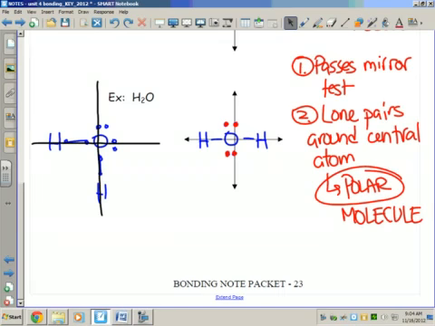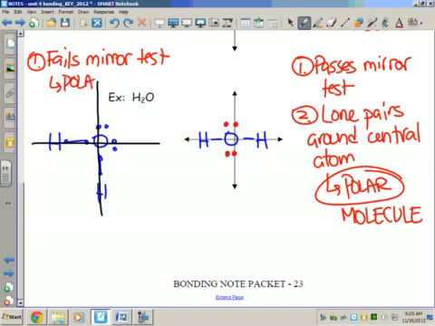And so there are two different ways to draw a water molecule. One way would fail the mirror test, and you're done. That's this way over here. Fails the mirror test, so it's polar. The other way, over here, even though it passes the mirror test, it's the lone pairs that indicate to you that it is still a polar molecule, asymmetrical.